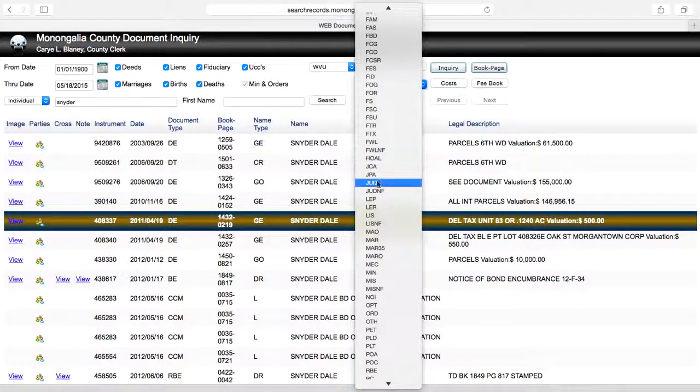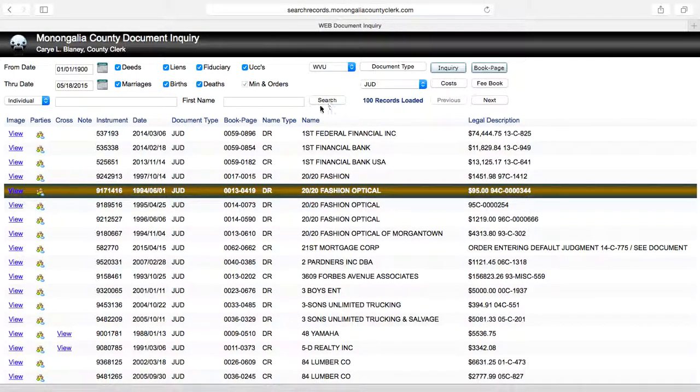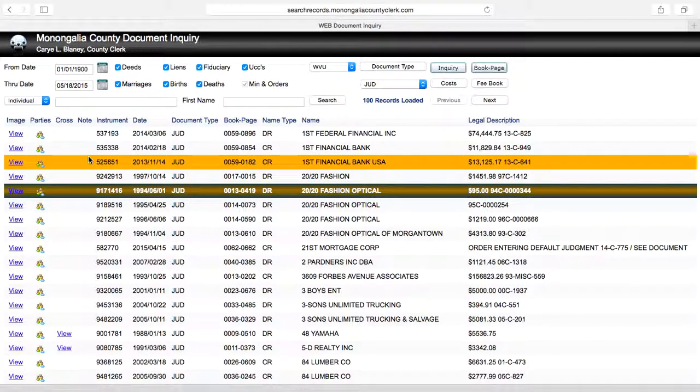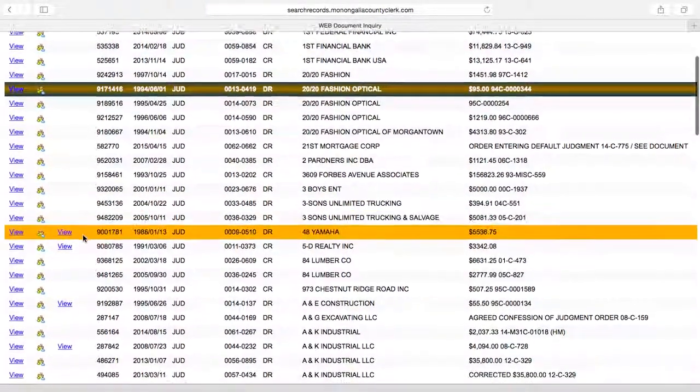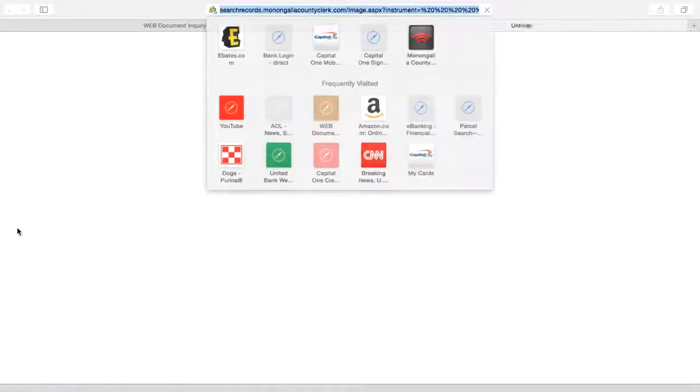So I'm just going to click on judgments, which means I'm only going to be searching for judgments. Take all the names out of there and click on search. This is going to pull up all of the judgments that are currently electronically available to us. Okay, I'm just going to pick this one down here, this Yamaha one. Okay, let's click on it.